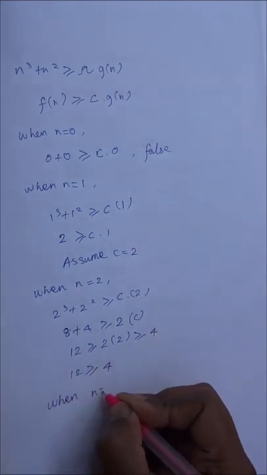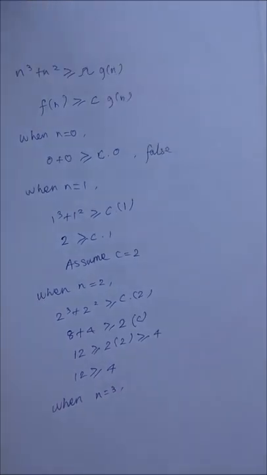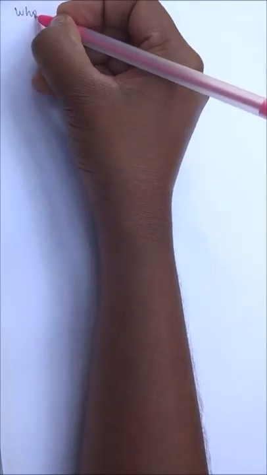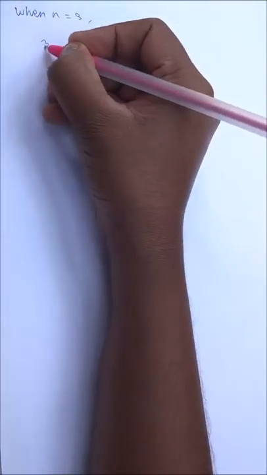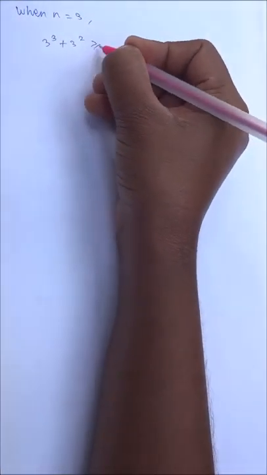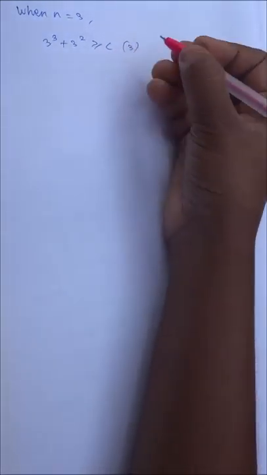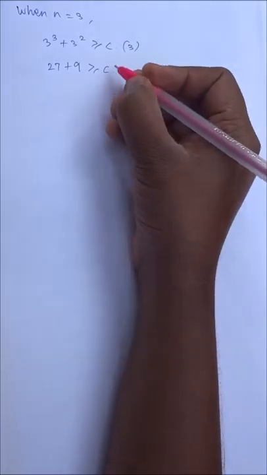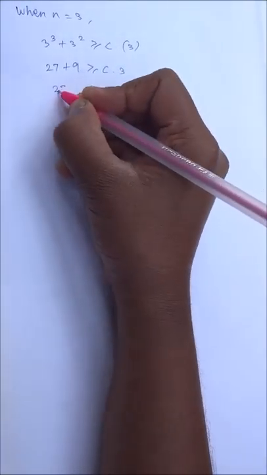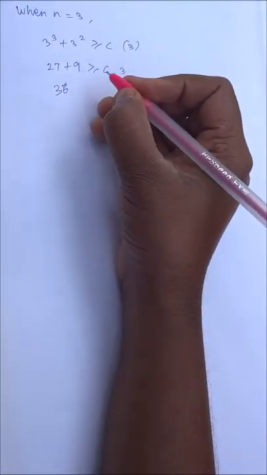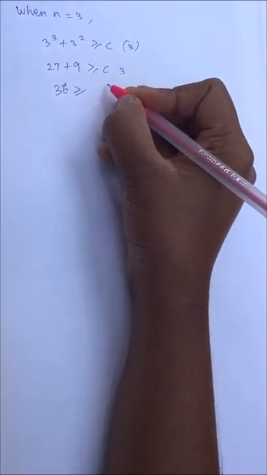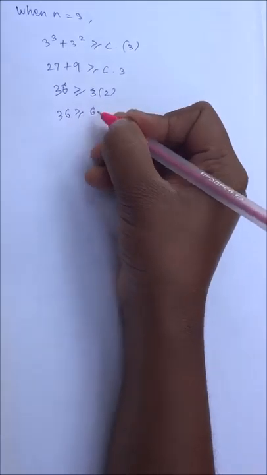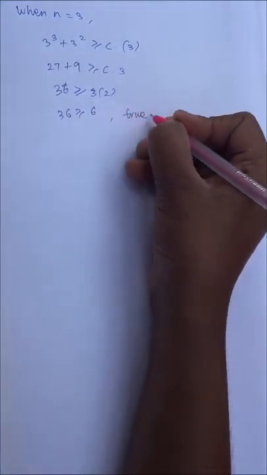When n is equal to 3, n cube plus n square is greater than or equal to c into 3. 27 plus 9 is greater than or equal to c into 3. 36 is greater than or equal to 3 into 2, which is 6. Therefore the condition is true.